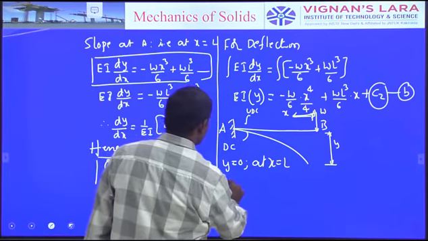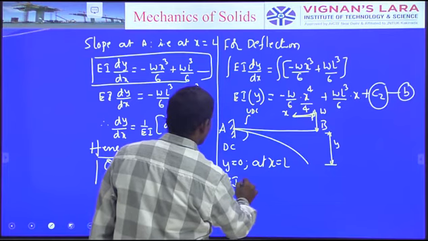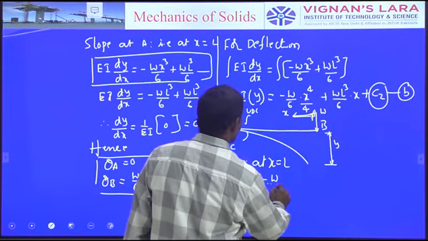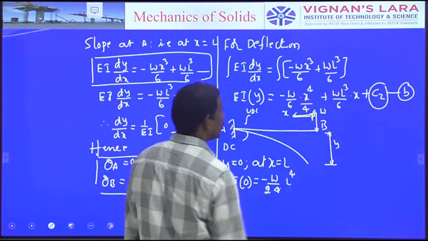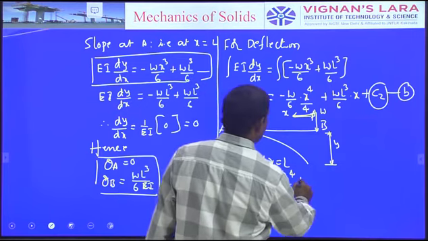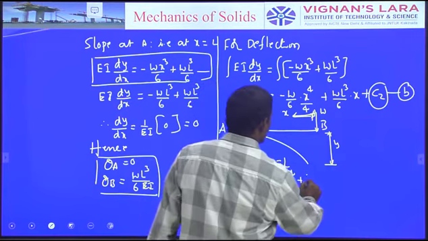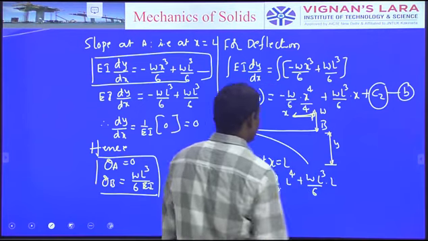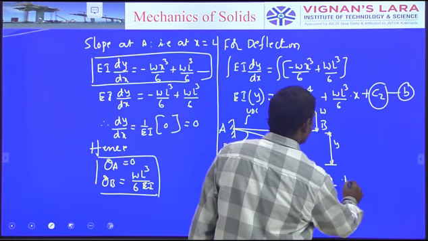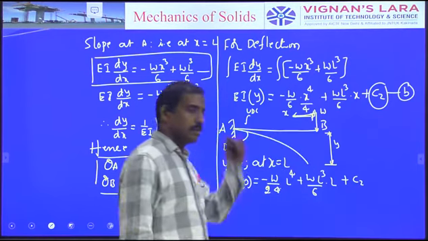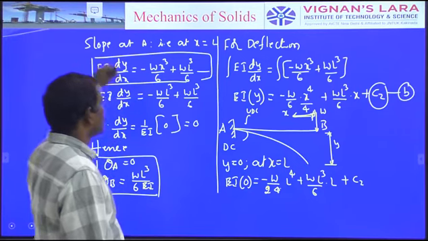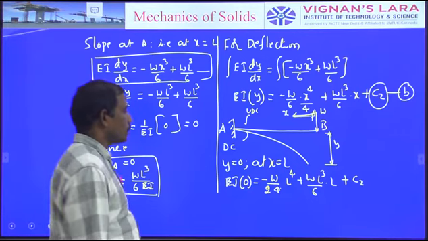So, EI into 0 is equal to minus W by 24 into L power 4 plus WL cube by 6 into L plus C2. From this equation you can find out the C2 value.